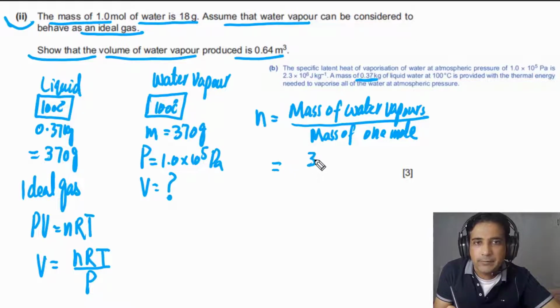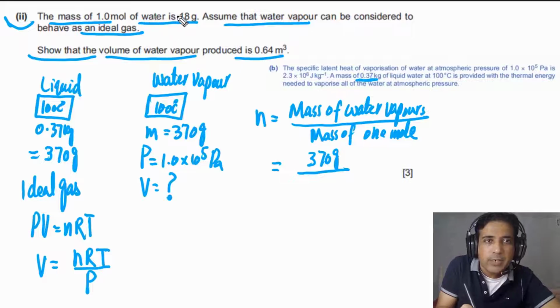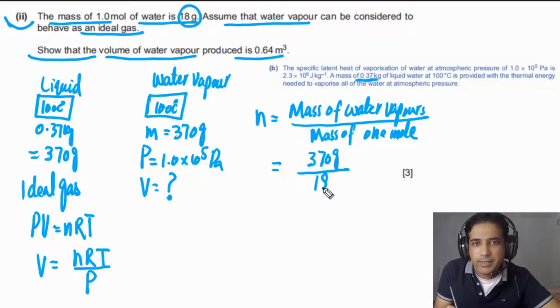Total mass we have that is equal to 370 grams, and the mass of 1 mole of water vapor is equal to 18 grams. So simply we have to divide this one by 18 grams. So n in this case is equal to 370 divided by 18.